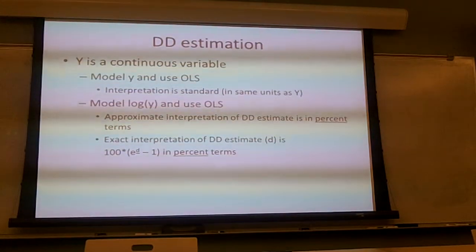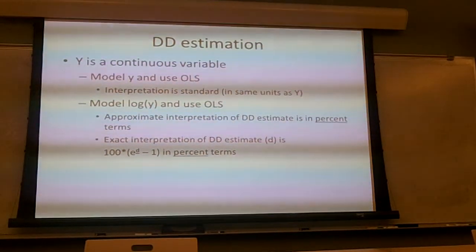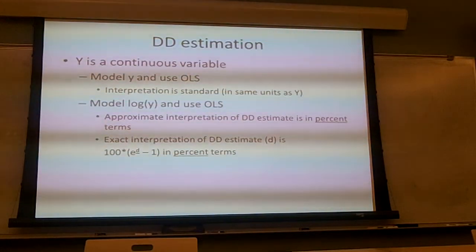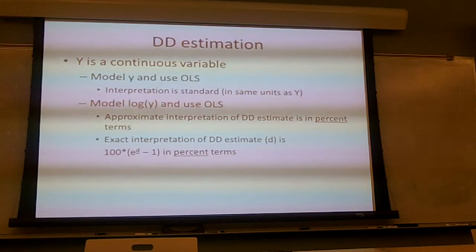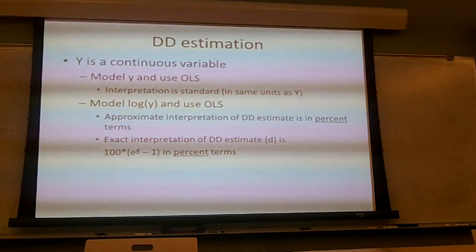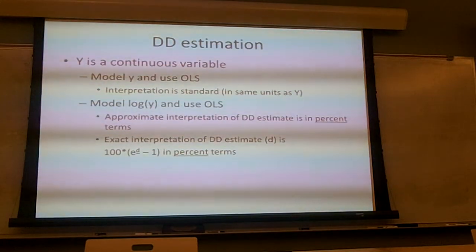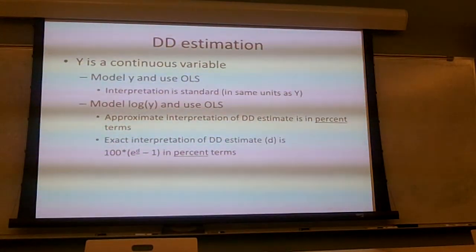And our interpretation is standard, that is the coefficient D is in the same units as whatever your outcome is. If y is continuous, but you want to look at the percent effect, the effect in percent terms, not percentage points, you can log y, usually the natural log, and then the approximate interpretation of the difference in difference estimate is in percent terms.